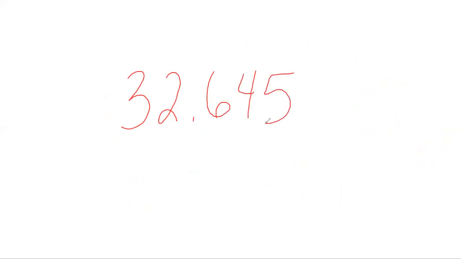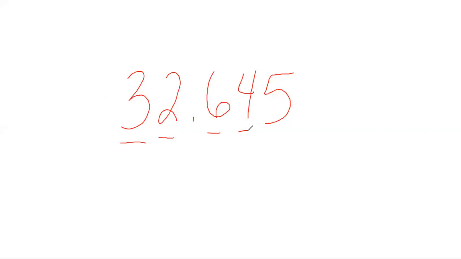So always remember, when we're rounding, you're always going to consider the next digit to the right. So if we're talking about 32.645, and we need to round this to the 4th significant digit, we have 1, 2, 3, 4 significant digits, and we have this number 5 right here.